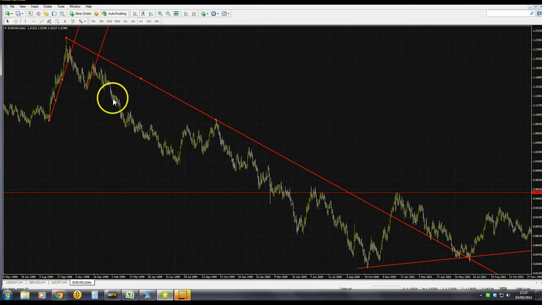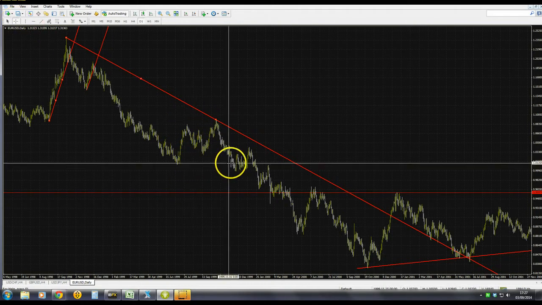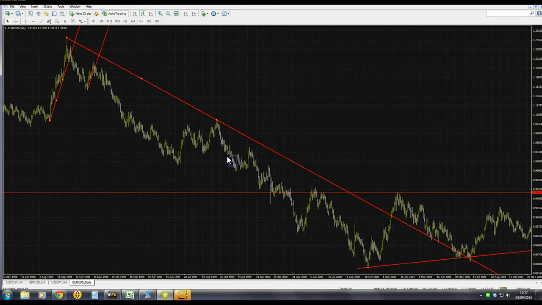So the market's still making lower lows, lower highs till this point. So after it broke through here, we know we're short again. And that was that reference point drawn in after the low. Work your way back. That's your C, B, A.